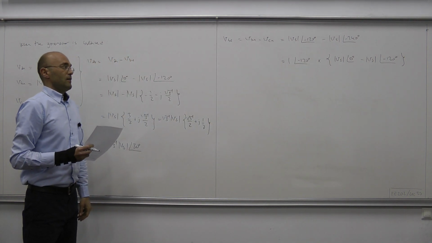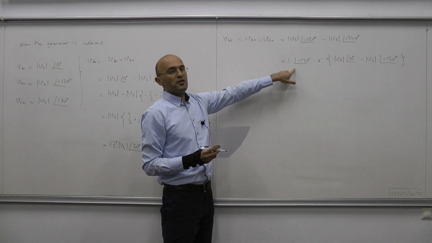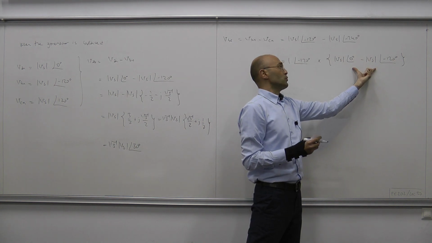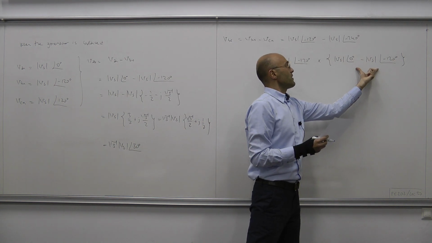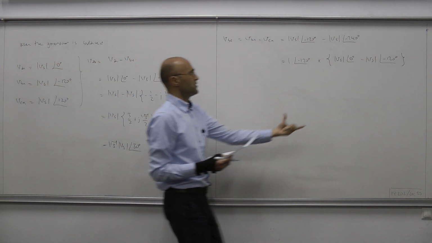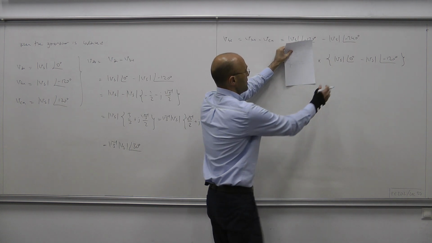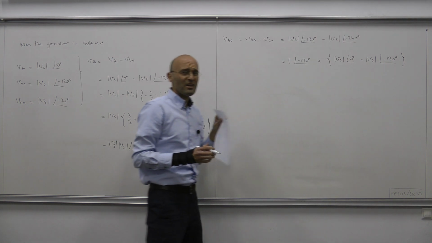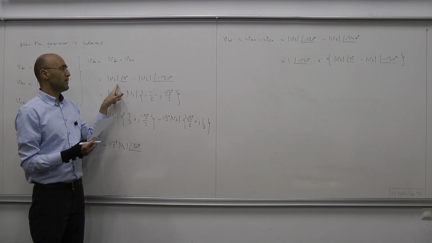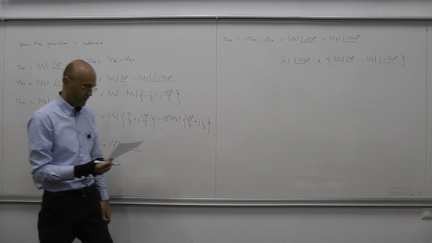Now, once it's written in this form, we can easily use our previous computation to replace that term. Note that this is no other than VAB, because VAB is given as this subtraction.